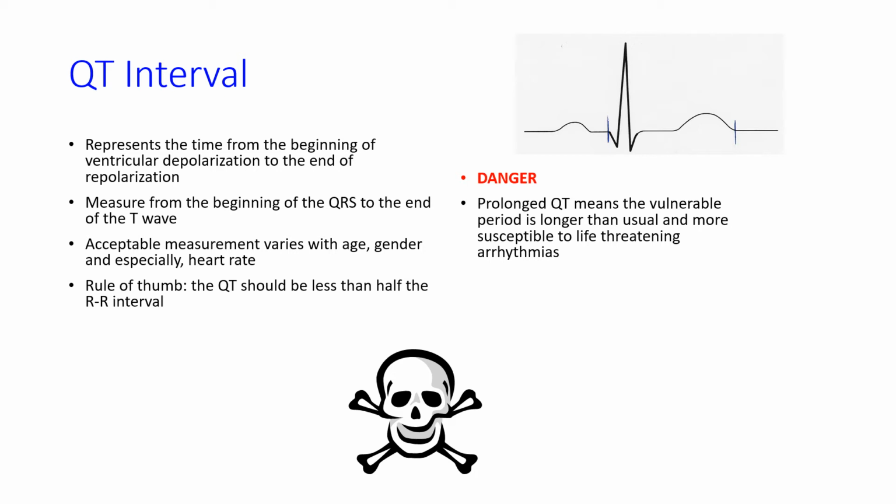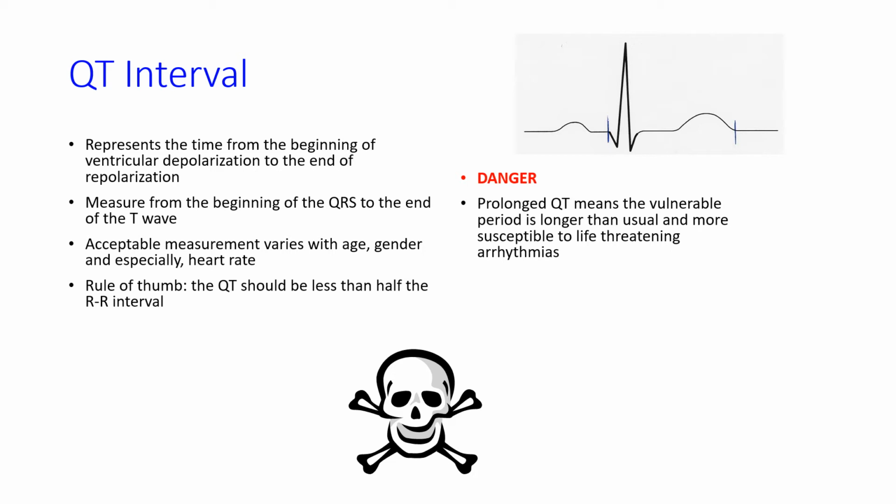Certain drugs can do it, a lot of cardiac drugs, amiodarone, procainamide, tricyclic antidepressants. So there's medications that we're giving patients that can prolong the intervals, the QT, and we want to make sure that we are keeping an eye on that, we're measuring it, and not allowing it to get too long.